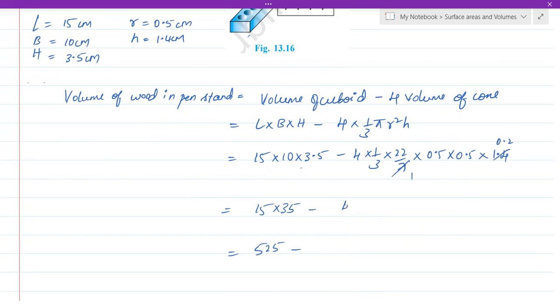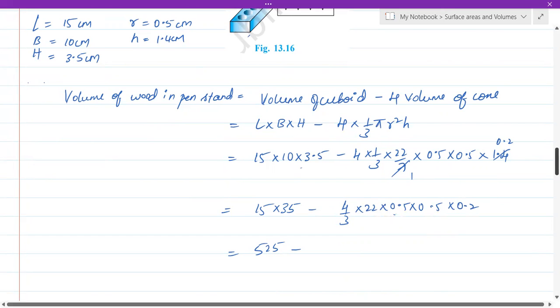So it will become 4 by 3 into 22 into 0.5 into 0.5 into 0.2. Now observe carefully. 22 into 0.5 will become 11. 0.5 into 0.2 will become 0.1.